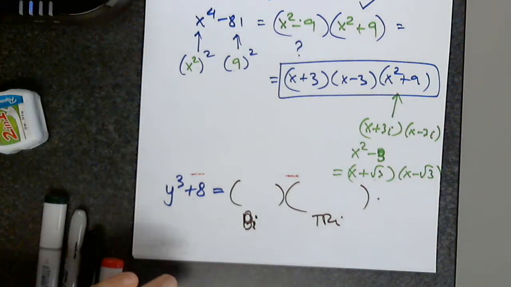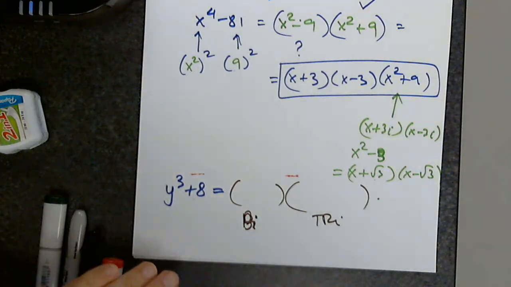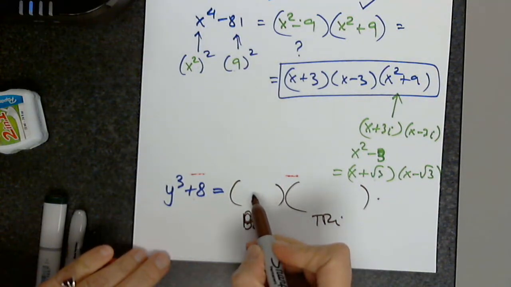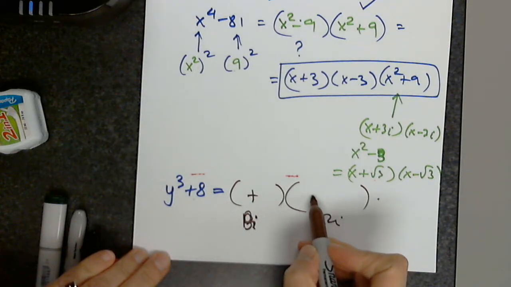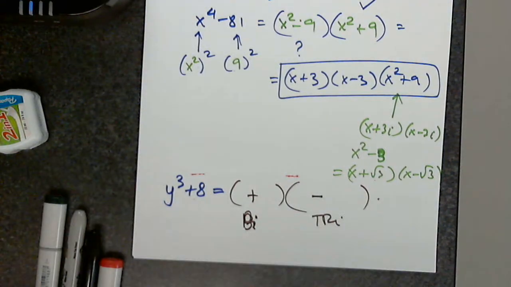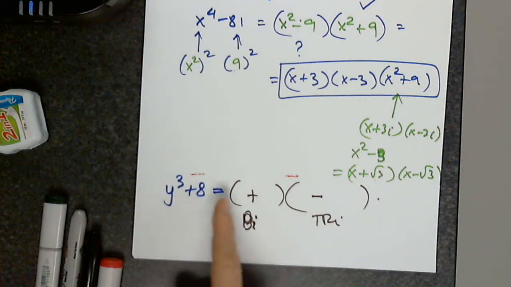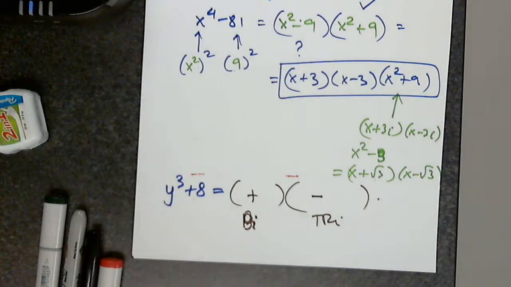Let's establish the sequence of signs first. That's to be safe. What will be the sign here? What will be the sign in the middle? Right, because if I don't have a minus somewhere, the terms will not go away. If everything is positive, then I will have 6 terms, not 2. So that's why it's plus, plus, minus, or minus, minus, plus. Good. So what should I have in the binomial?